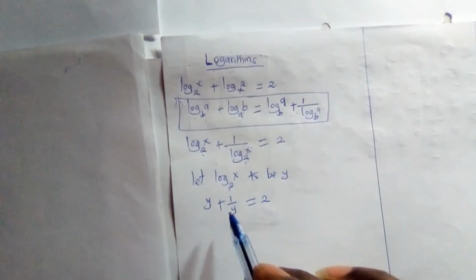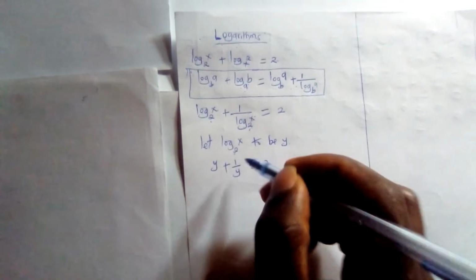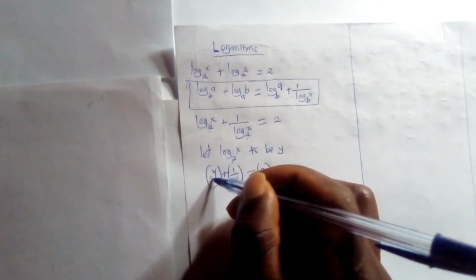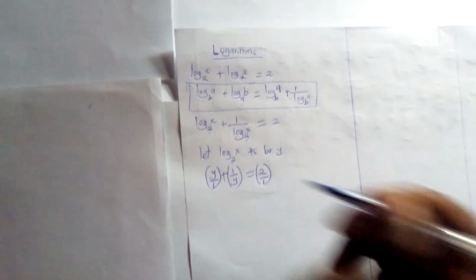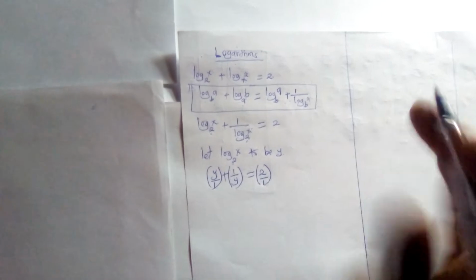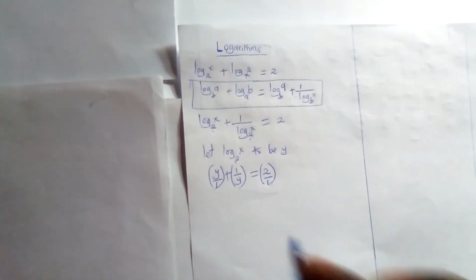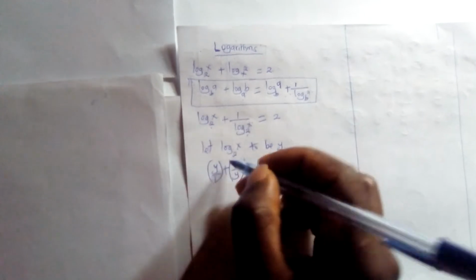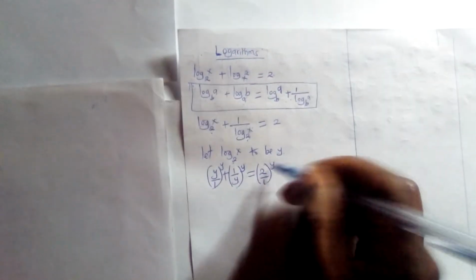Now after reaching here, let me get the LCM, sorry. So I'll be getting the LCM of 1, y, and y. 1 is just y. So I'll multiply each and every term by y. So I multiply by y here, here, as well as here.